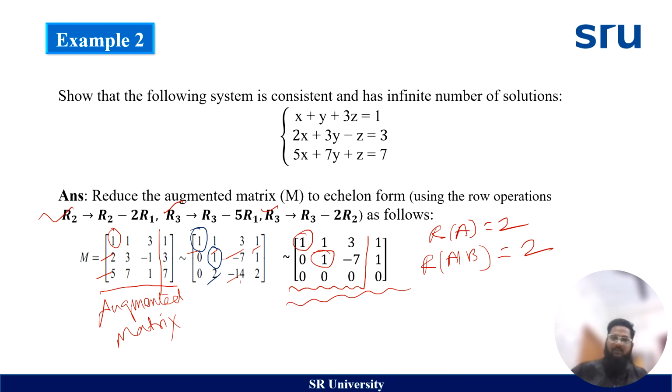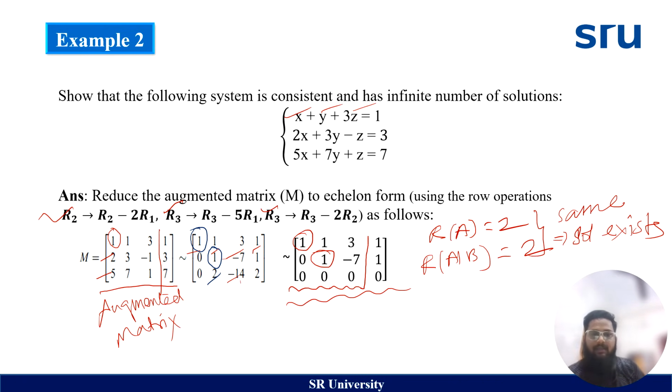Yes or no? According to the rule, if the ranks of both are the same, then a solution exists. The solution exists. But if we see how many variables you have in the problem, x, y, z, the number of variables is 3.